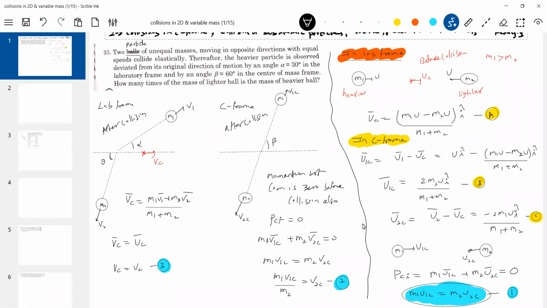Shall I take help of equation 1? We don't know u1c and u2c, am I right? If I look at equation 2, we don't know v1c and v2c. First of all, the u itself we have assumed, no? So something we have to work out further. Let's take the vector diagram. Can I write v1c is equal to v1 bar minus vc bar?